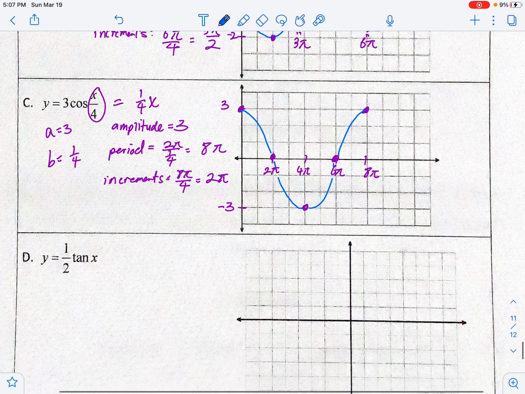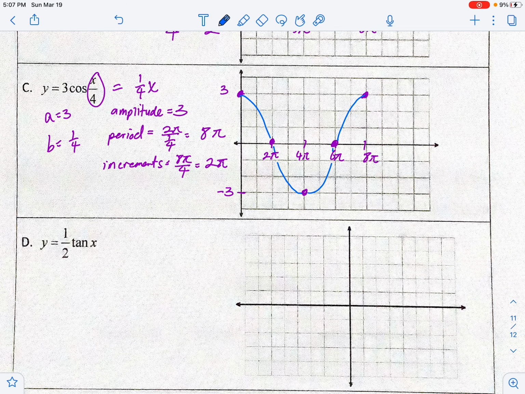With tangent, I have 1/2 tangent x. My amplitude will be 1/2 based on my A value, and my B value is 1 here. Therefore, there's no period adjustment from the parent function.